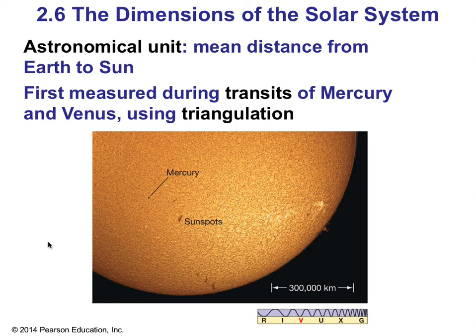I say average because, again, it will vary based on where the Earth is in its orbit. Oftentimes, we only use astronomical units within our solar system because the unit is not big enough when we talk about distances between galaxies or between stars. At that point, we would use light years.